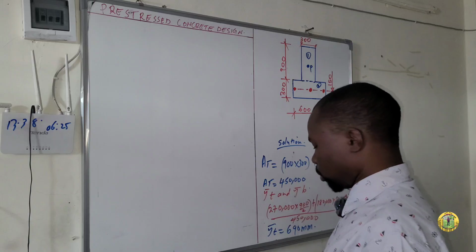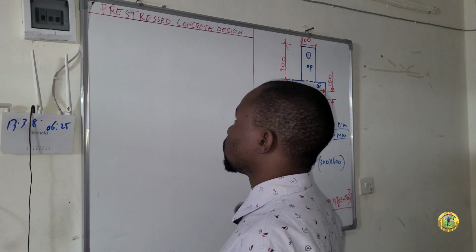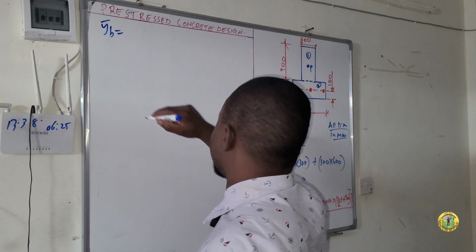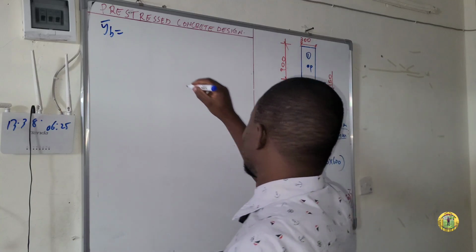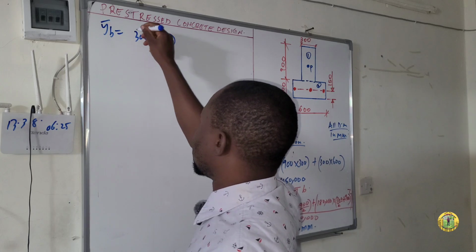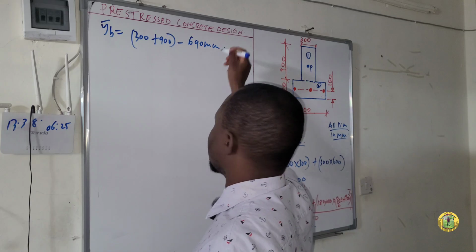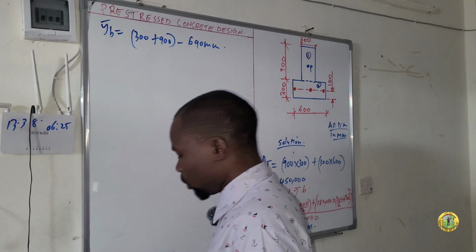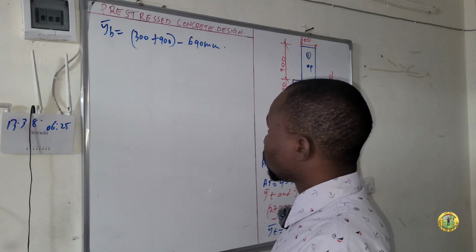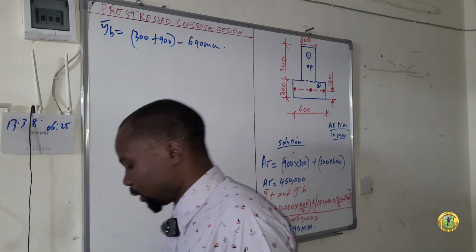So this is the y bar top. The y bar bottom is equal to the total depth, which is 300 plus 900, minus 690. So let's do the calculation: 1200 minus 690 gives 510.